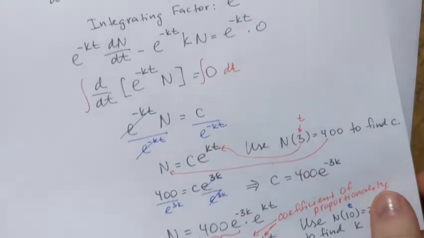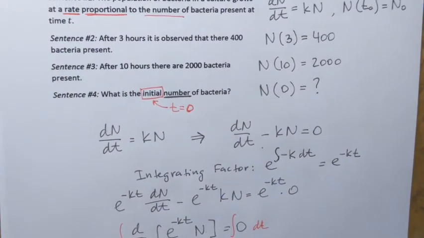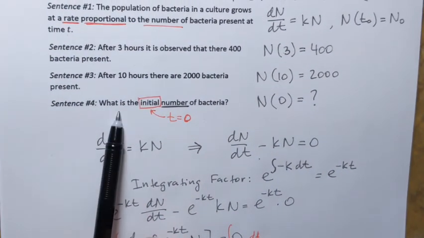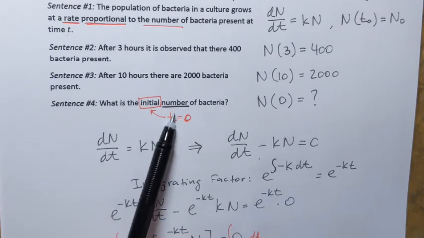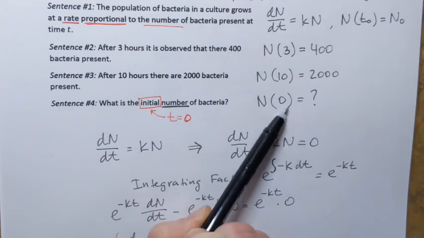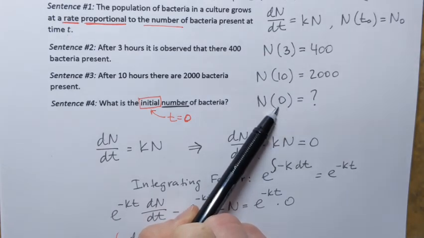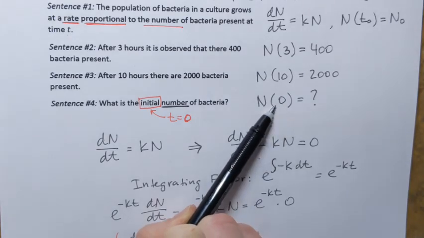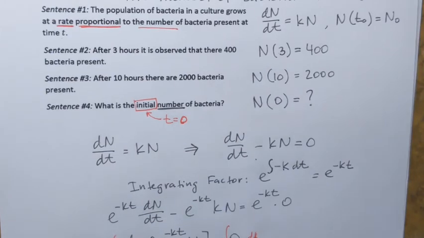I'm going back to the very first page, going back to the question itself. Remember, the question was, what is the initial number of bacteria? So what is the n value when t equals 0? Now we have our function to answer that. So we're going to let t be equal to 0. We're going to plug in 0 for t, and we'll need to calculate the resulting function value.